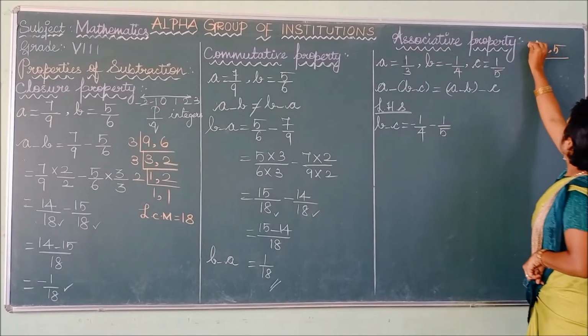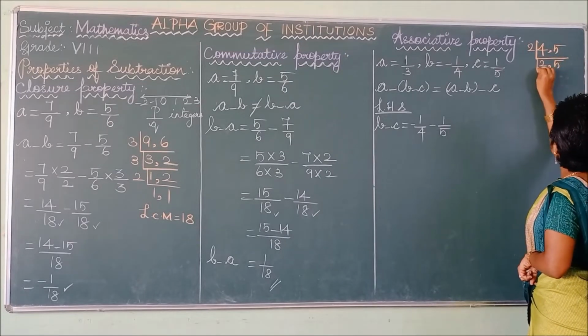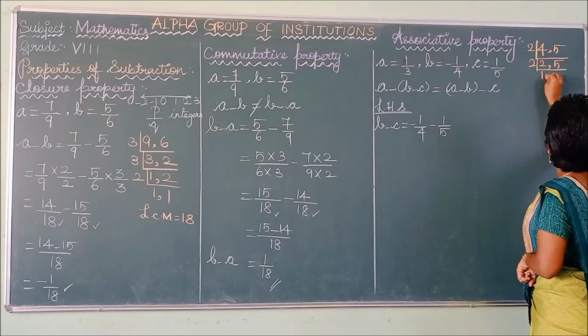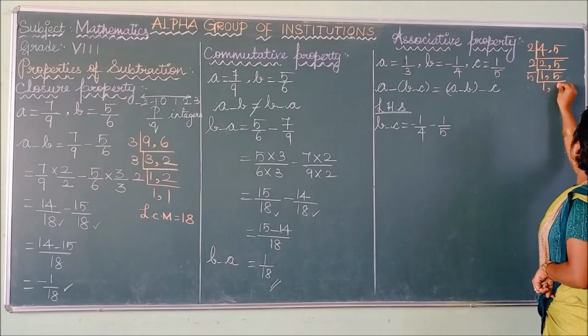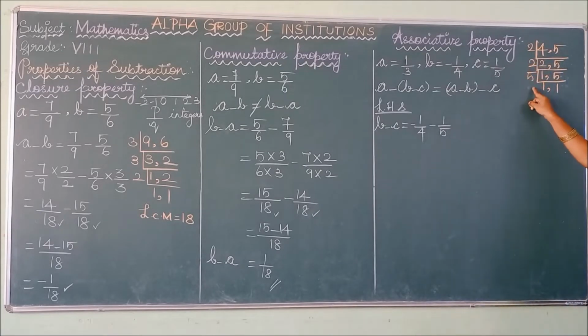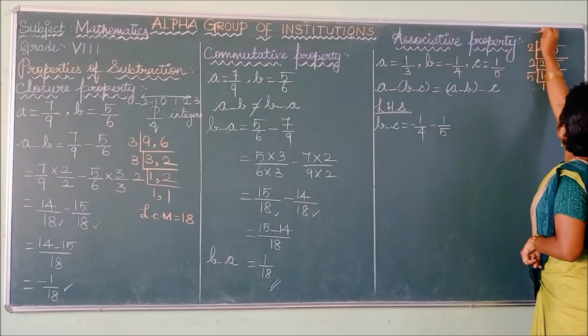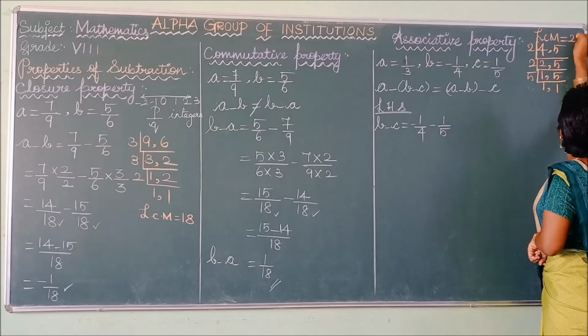So you can take the 2 table 2 times, and this 5 remains as it is. Then 2 times 1 comma 5. Then you can do with the 5 table. What is the value? 1 comma 1. Now multiply all these values. 2 2s are 4. 4 into 5 is 20. So here the LCM for 4 and 5 is 20.